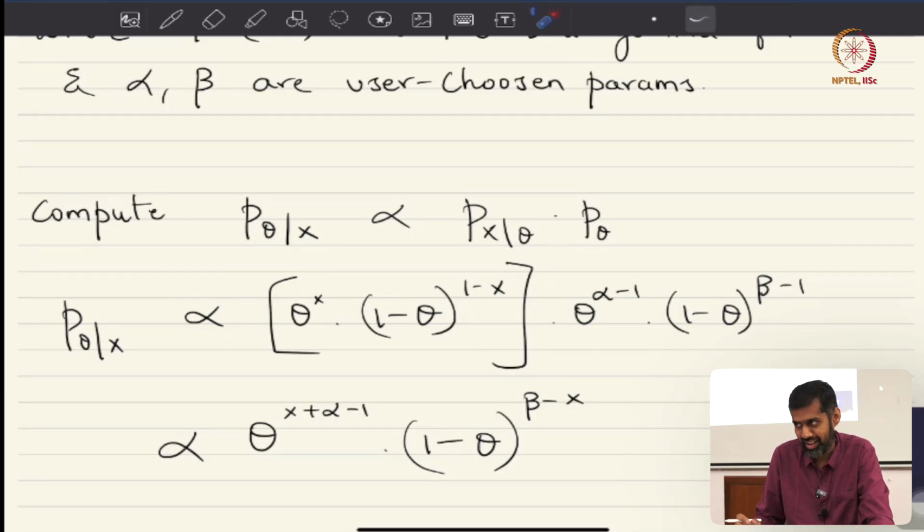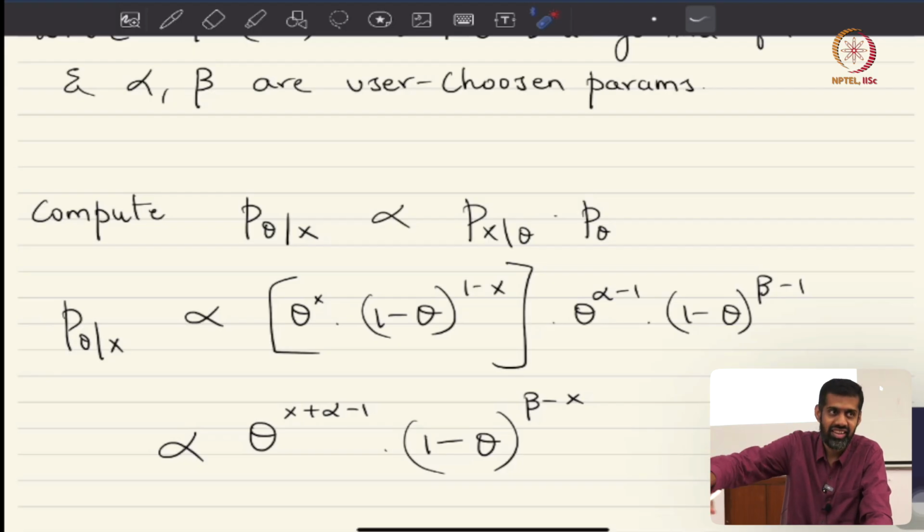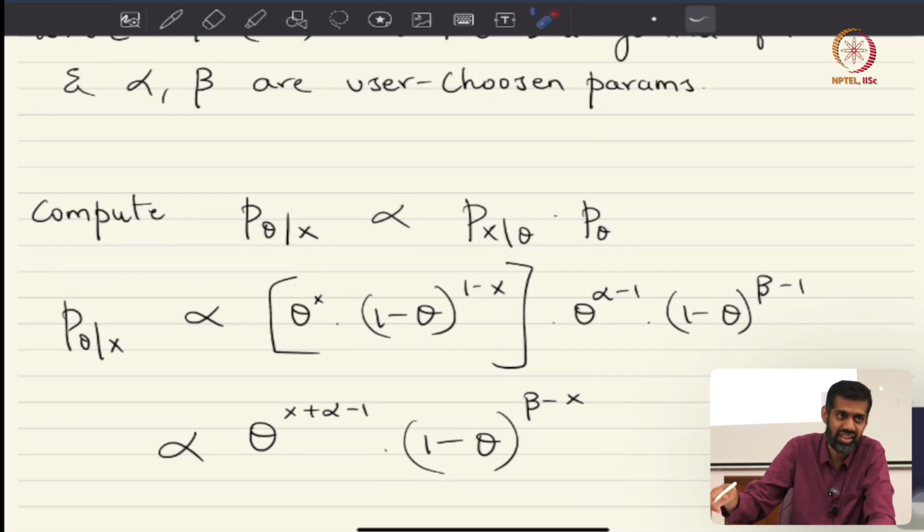In our base classifier, you either choose class 1 or class 0 deterministically, but if you carry this uncertainty further, then even the final so-called label that you get on y will have that uncertainty, and p of y given x will again be another distribution, and that uncertainty is carried from p of theta given x.